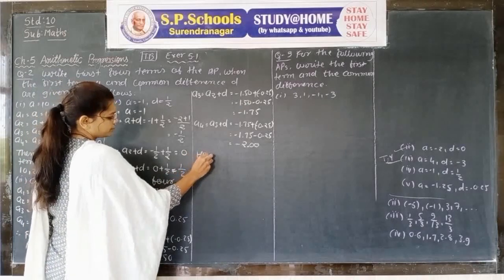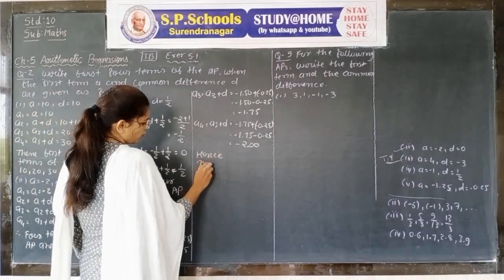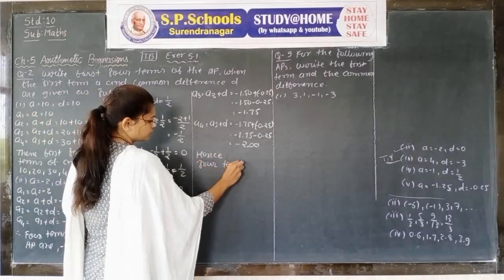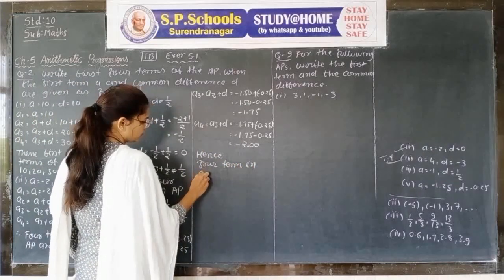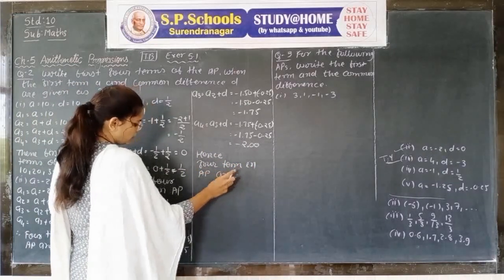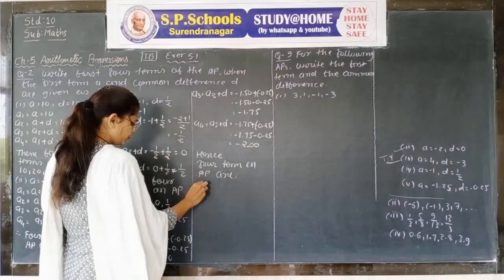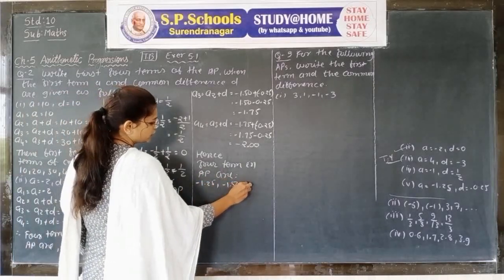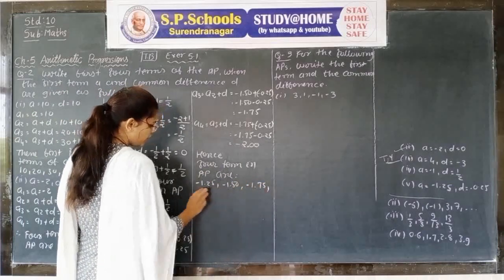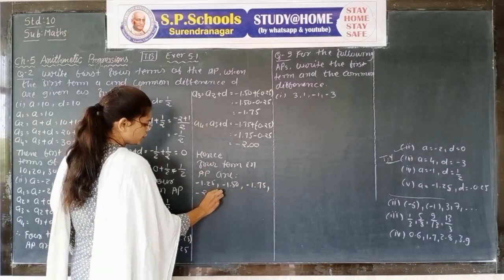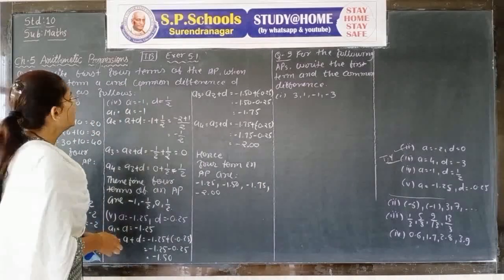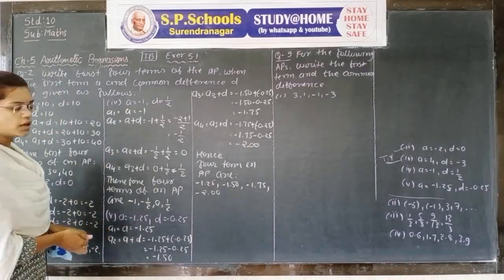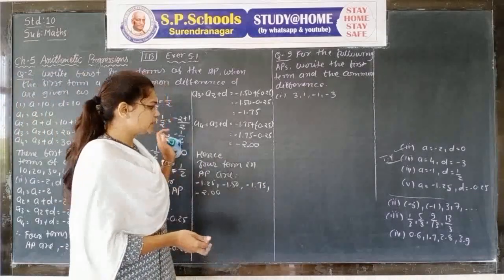Hence the 4 terms in AP are: the first is -1.25, the second is -1.50, the third is -1.75 and the fourth is -2.00. Here the question number 2 is completed, which is a very easy and simple question.